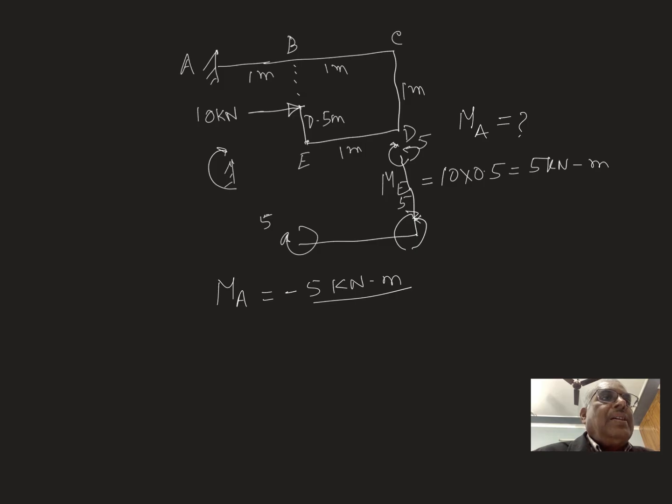To balance this there will be a clockwise moment, and to balance that there will be an anti-clockwise moment. In this way the same value will be at A, and the value is minus 5 kilonewton meters. So this is the answer, 5 kilonewton meter, for this problem. I think this problem is 6.